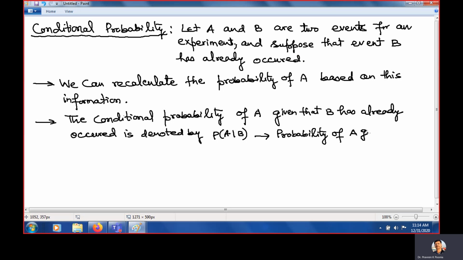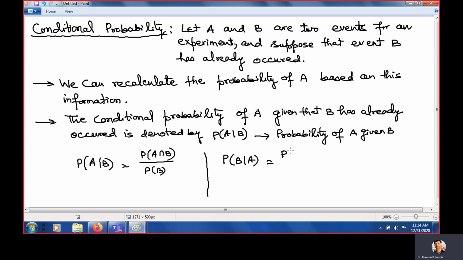The value of this, P(A given B), is P(A intersection B) upon P(B). And similarly, we can calculate the other also, probability of B given A. It is probability of A intersection B upon P(A).